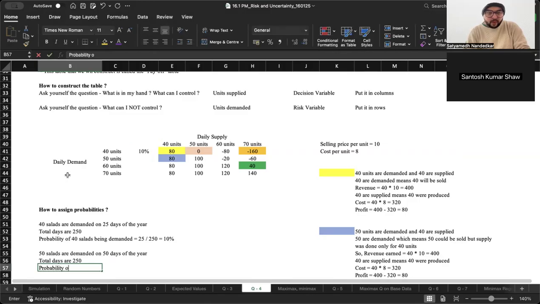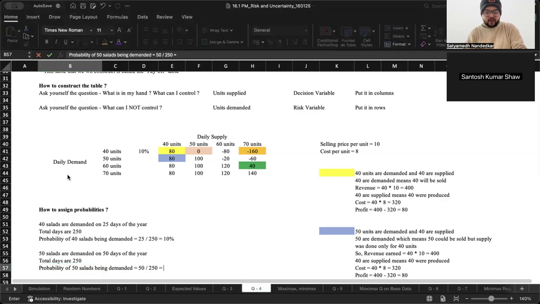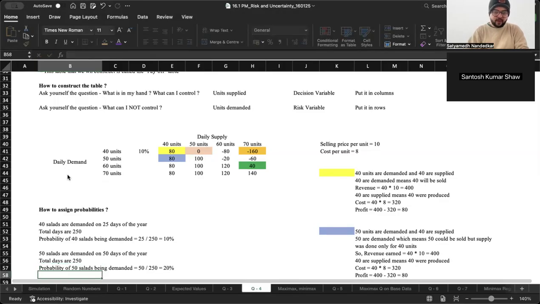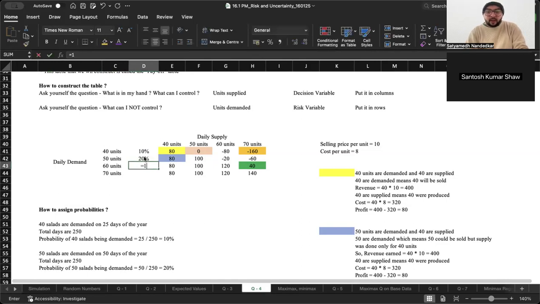So probability of 50 salads being demanded is 50 upon 250, 1/5 of that. Sorry, yeah, 1/5 of that. So that would give me a probability of 20%. 10%, 20%, 100 upon 250, which is basically 40%, and then naturally 30%.